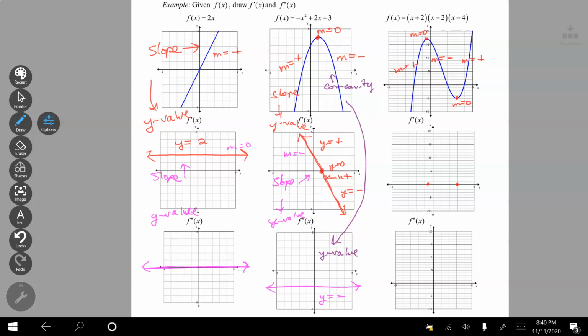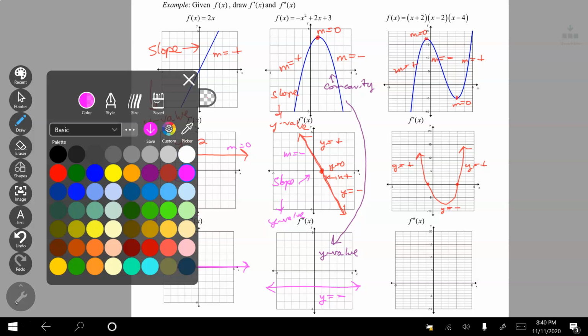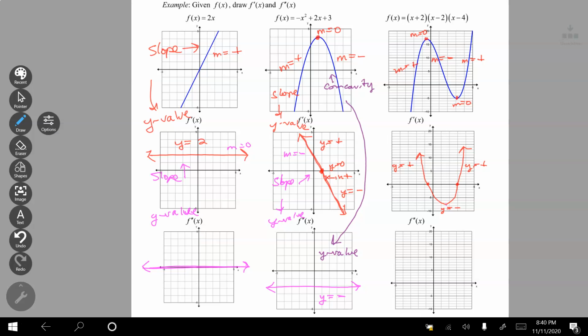So I should have something that goes positive, 0, negative, back to 0, positive. If you notice, these y values are positive, these y values are negative, and these y values are positive, and it matches.